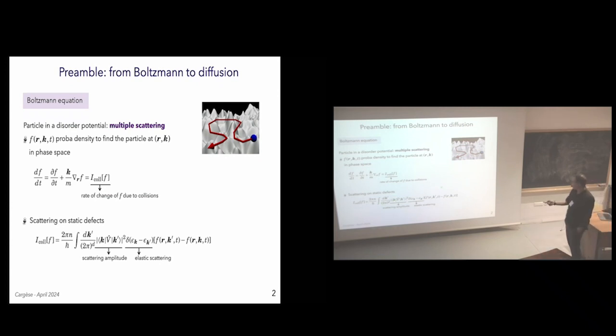Then you have this difference in populations of the two phase space distributions in the in and out channel. So if you have no particle in the k mode, then nothing is scattered, obviously. And then you have this delta function, which tells you that scattering is elastic. And finally, you integrate over all possible outgoing momenta.